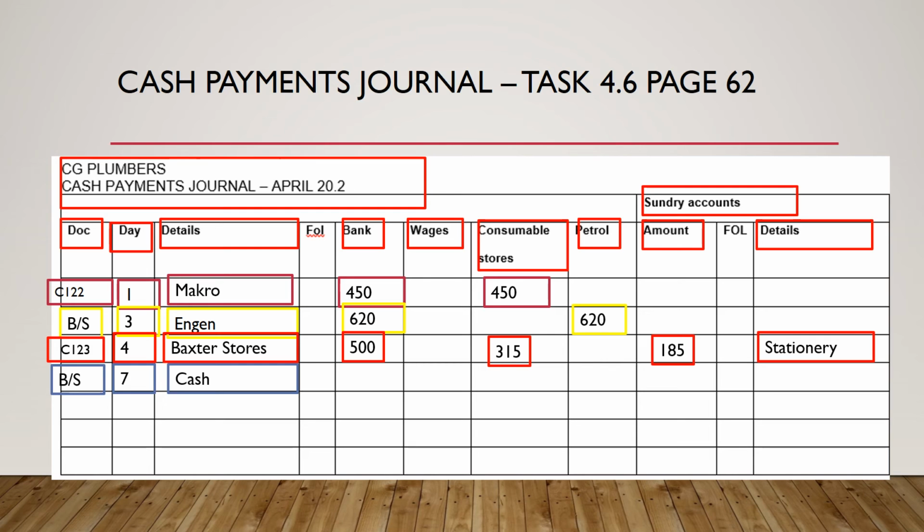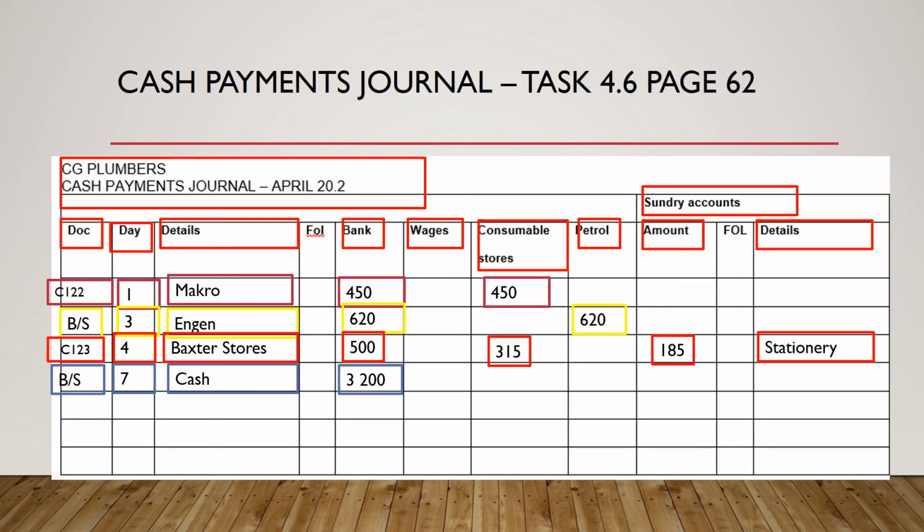We write cash. Our electronic transfer was by cash because we do not know the name of the person or people that we are paying wages to. So we write cash in the details column.